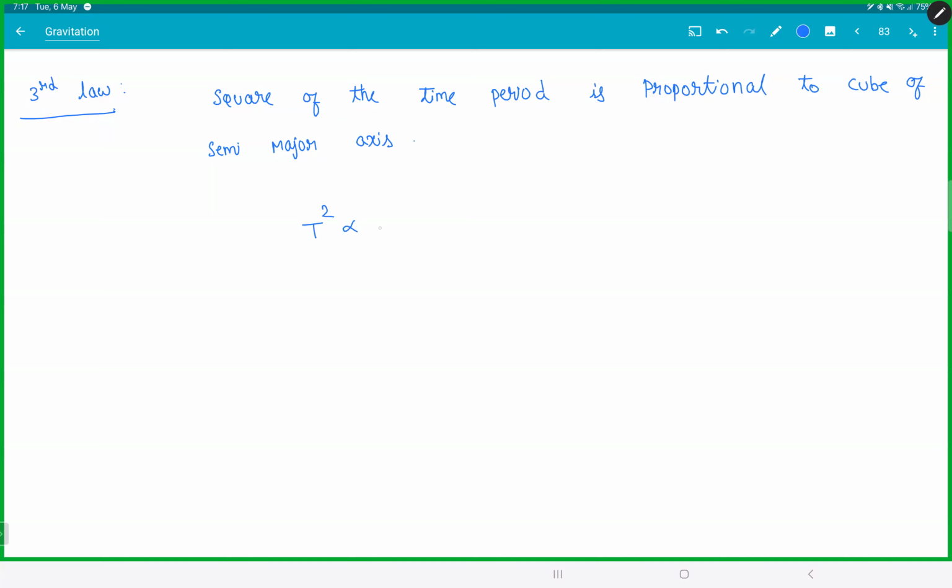So T squared is proportional to a cubed. This is independent of the minor axis. This is what I was saying. He just knows it is a proportionality. He doesn't know the exact value. This also we proved there.